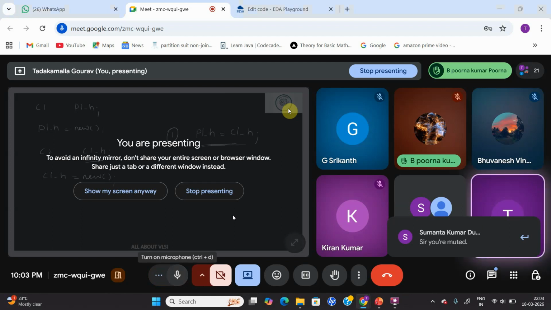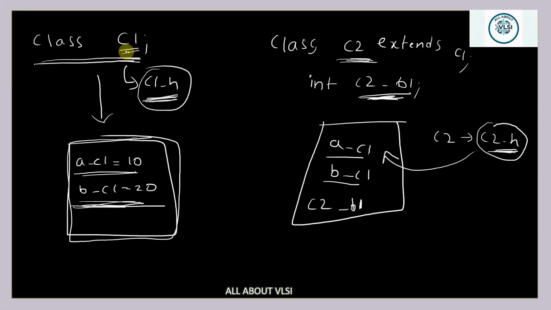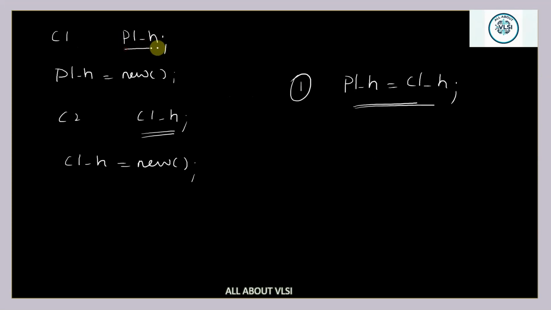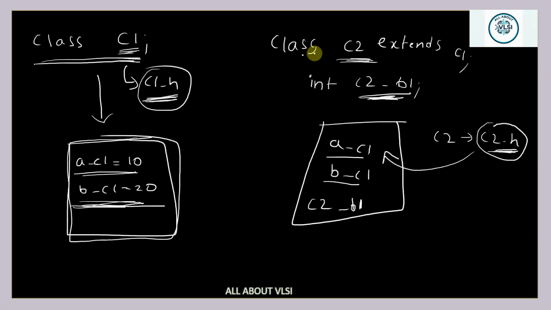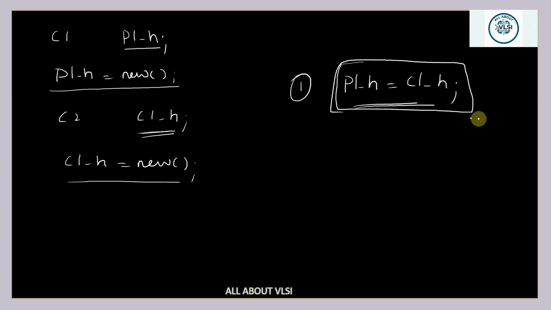Sorry for that. Here, C1 is my parent class, so I create a parent class handle P1_H and create an object for this. For the child class, I've created one more handle, C1_H, and created an object for this. Now, if I write parent class handle is equal to child class handle, P1_H is equal to C1_H, is it going to work or not?